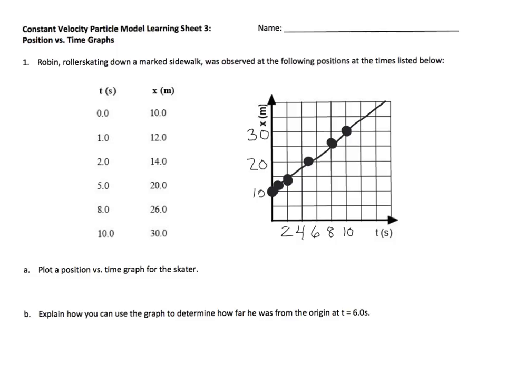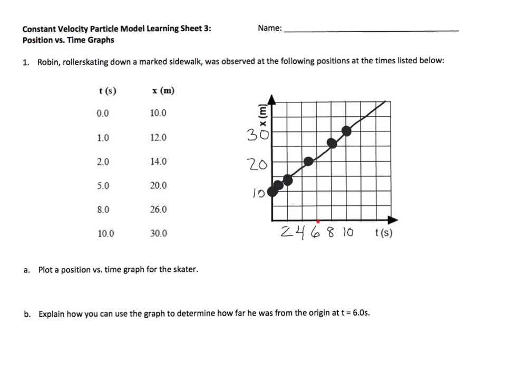Then we're asked here, how can you use the graph to determine how far he was from the origin at 6 seconds? So we look at our data. We've got 5 seconds. We've got 8 seconds. We don't have 6, so we don't have anything there, but we could estimate between these points. But even better, the reason we make graphs, and the reason we'll see down below that we're going to be making equations, is so that we can answer those sorts of questions.